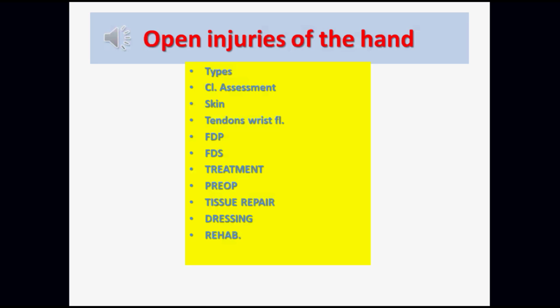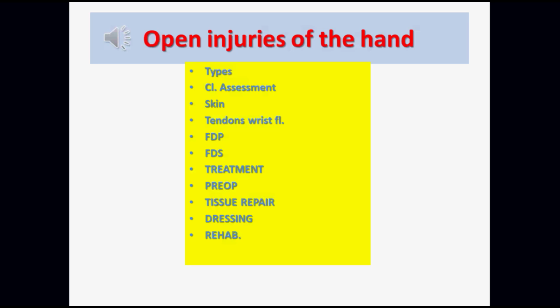Then we will take the patient to the theater, and there we will do a wound exploration by extending the wound and checking all the contents of the hand: the tendons, the nerves, and circulation.